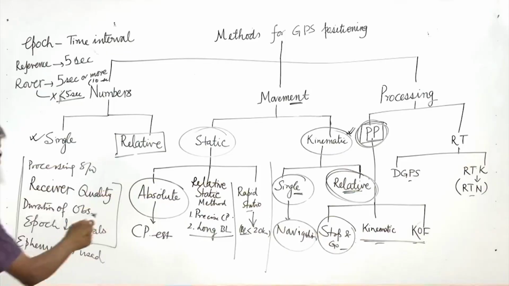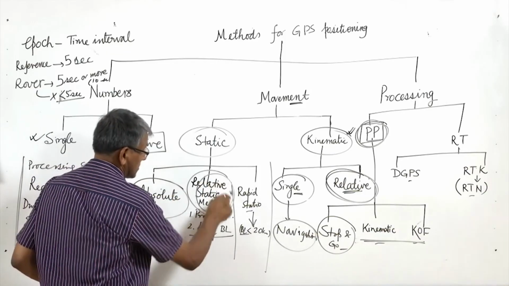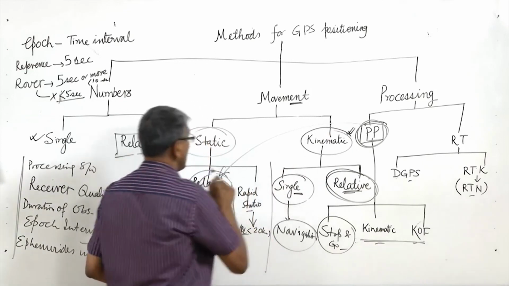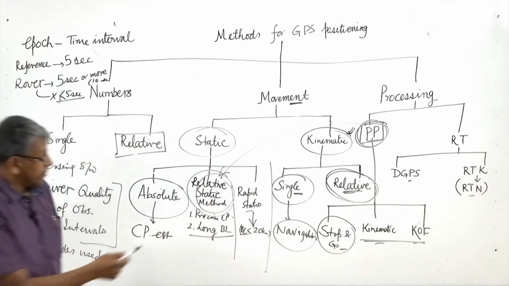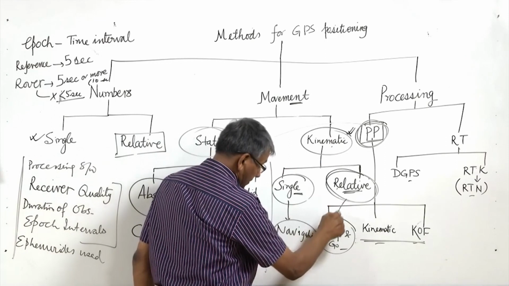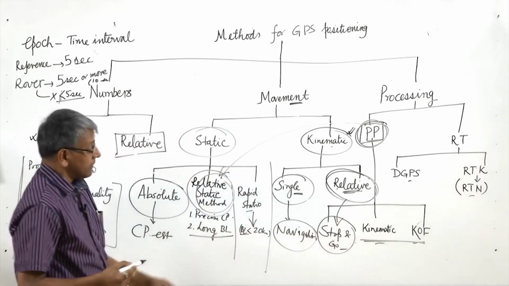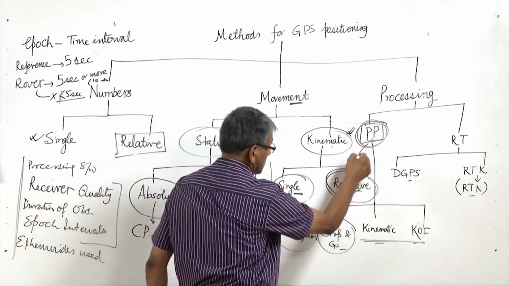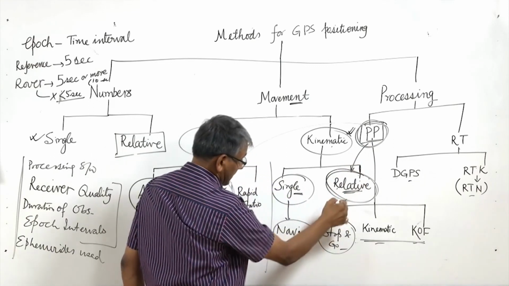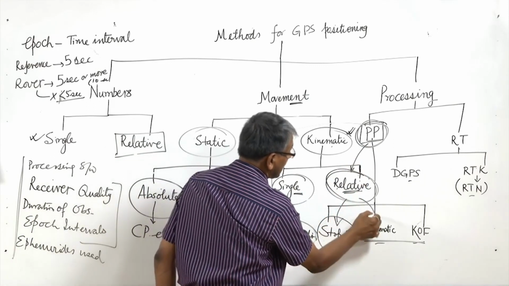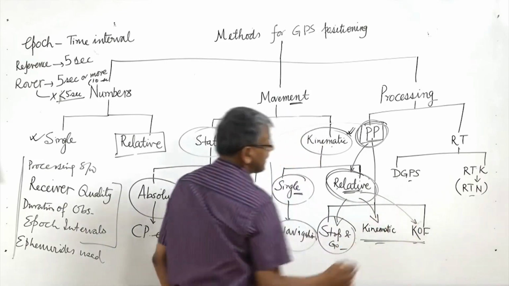As I told you, relative static positioning is also post processing type, and relative kinematic post processing means stop and go kinematic and kinematic on the fly.